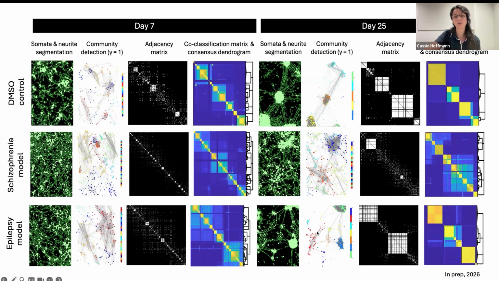One key difference, though, was that the sparsity of edges within the communities was a lot greater. If you look at, for example, this red community here, you can see that the edge density was much lower than, for example, this orange community within the controls. So that was one key feature that emerged.